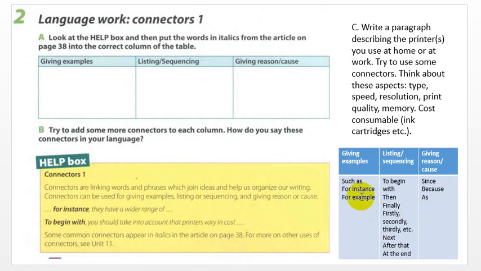Listing and sequence: to begin with, then, finally, first, secondly, thirdly, next, after that, at the end. And these are the sequence and listing. Since, because, as: giving reason.